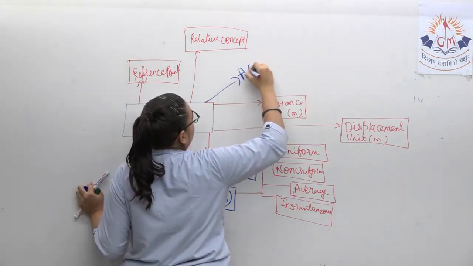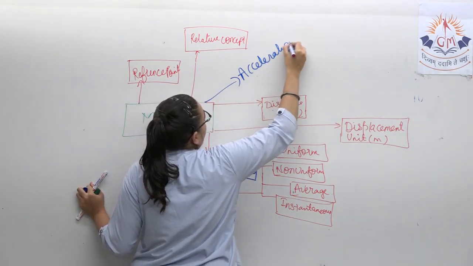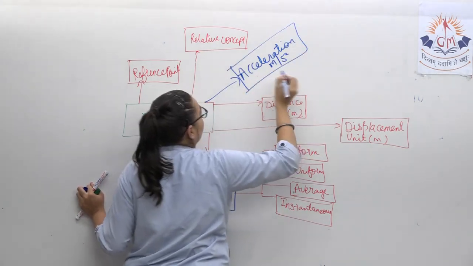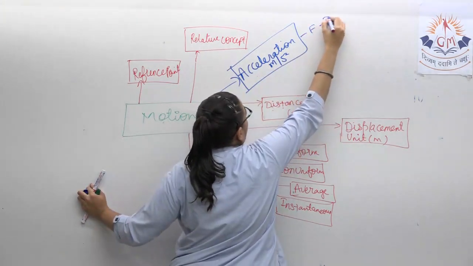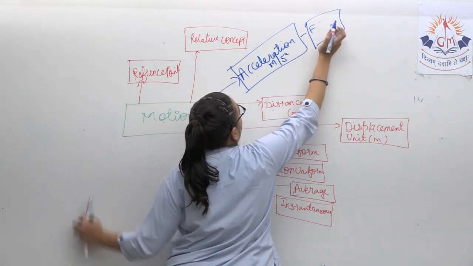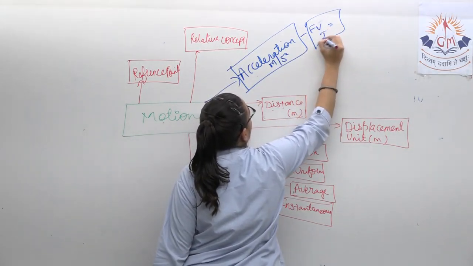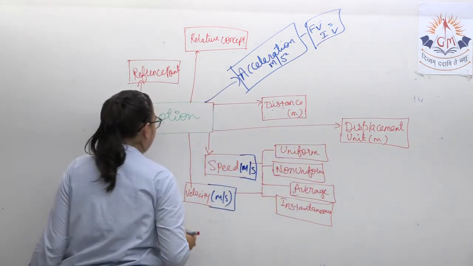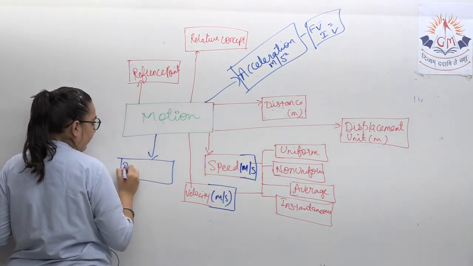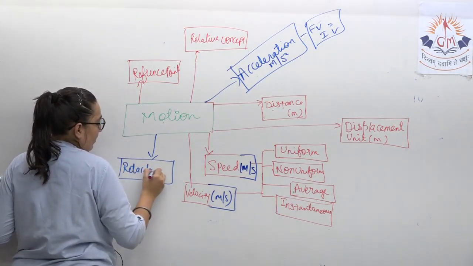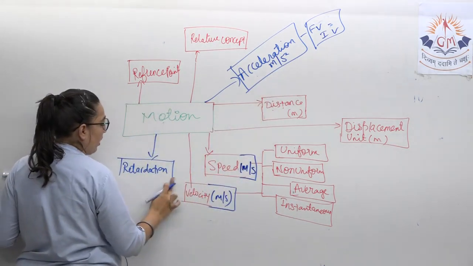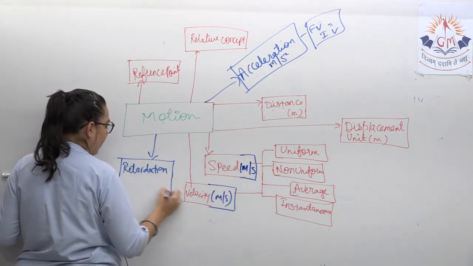Acceleration, its unit is meter per second square, and what is acceleration equal to? Final minus initial velocity, over time. Okay? What is retardation? The unit over here is written. Retardation is what? It's negative acceleration.